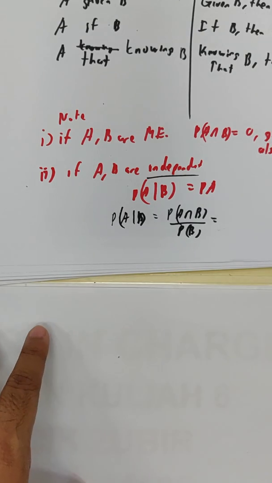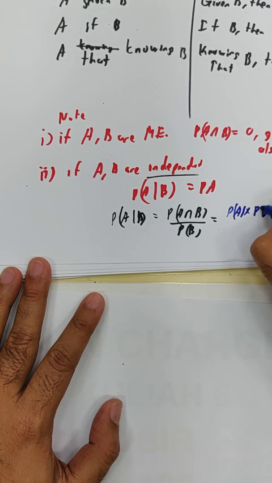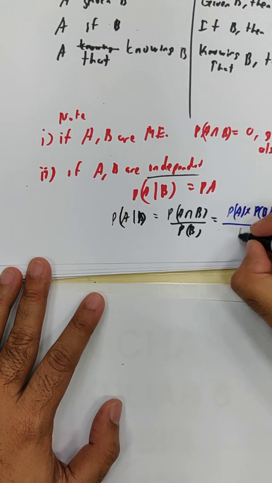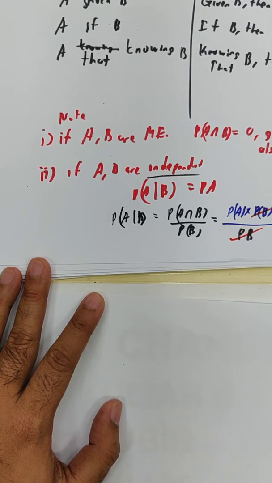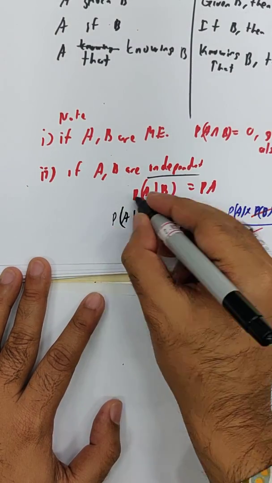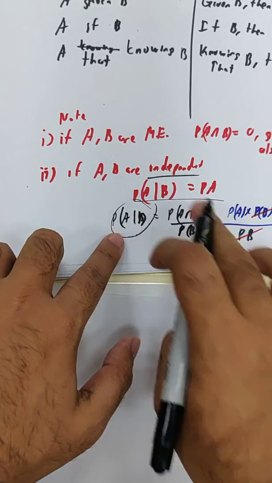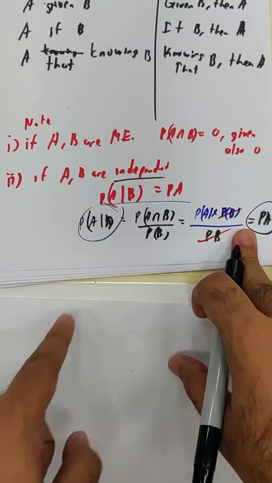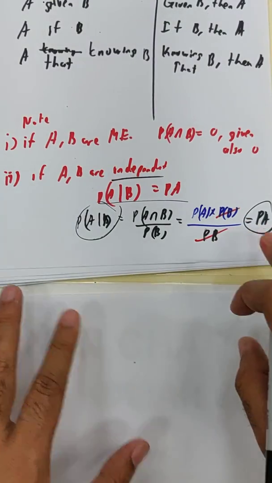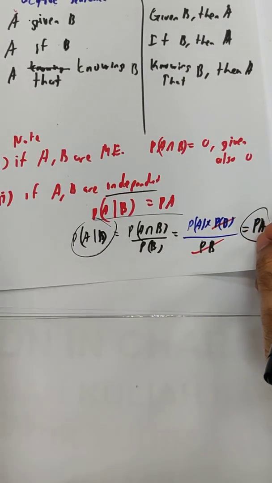P(A) times P(B), which I've said to you many, many times, over P(B). And I can cancel things off here, which only leaves me P(A). So this is what we started with just now, our premise. This only happens for independent cases. I've seen such questions come out in show-that type questions, so you do need to know this one. So be careful with it. Some of you are still copying.